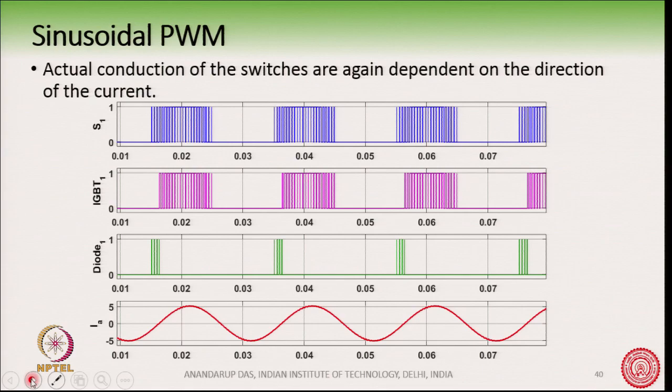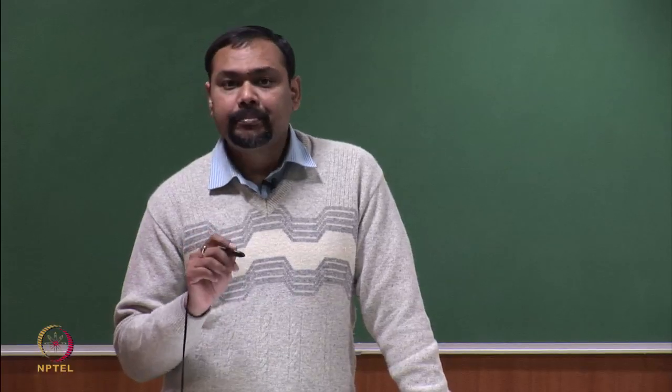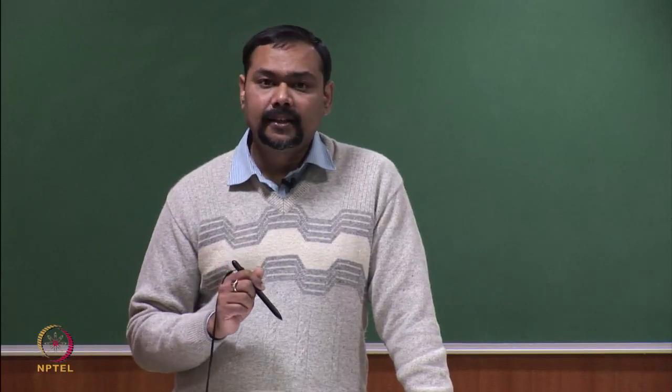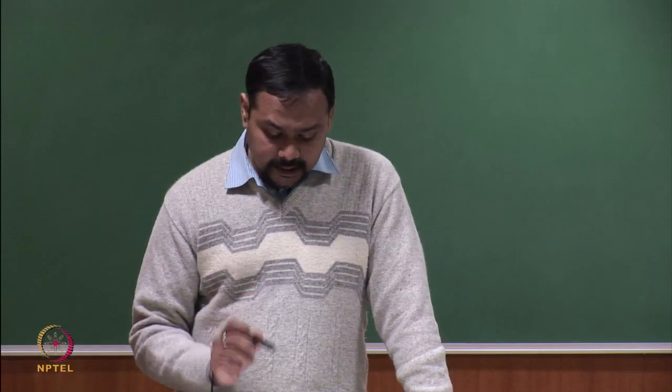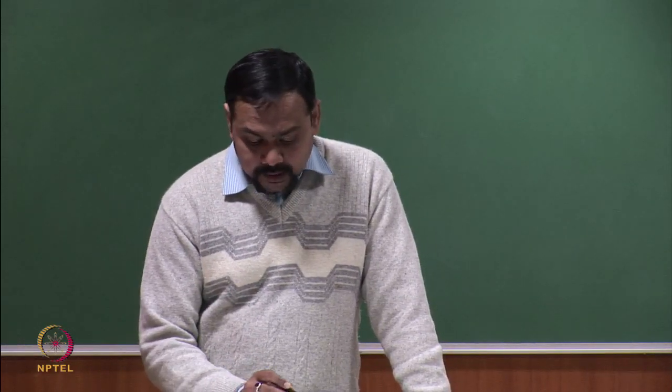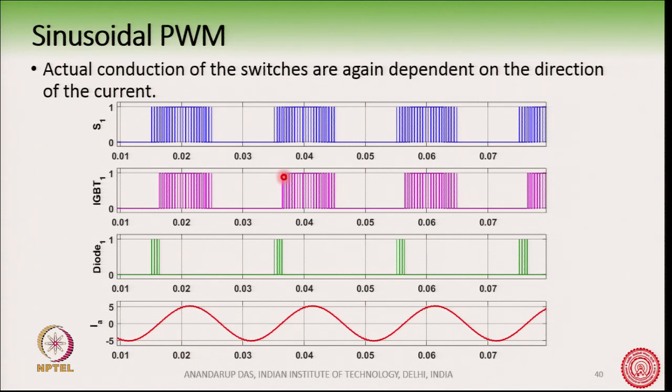Now, further, if we go one step inside the converter, we can even see the actual conduction of the switches, which will again depend on the direction of the current. For example, we had taken a power factor close to 0.9. So, this is the actual gate pattern of S1. Here you can see these are the gate pulses given to S1, but actually the IGBT of S1 will be conducting when the current is positive.